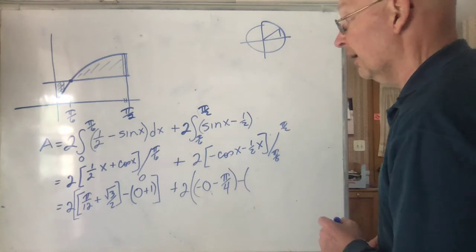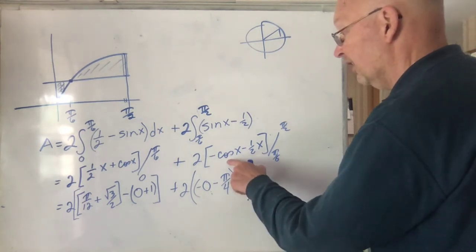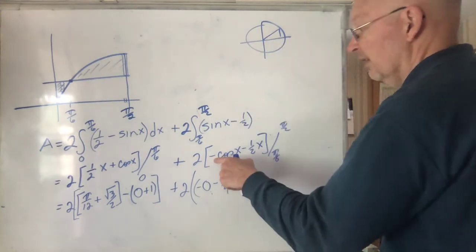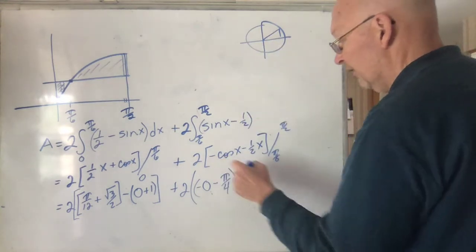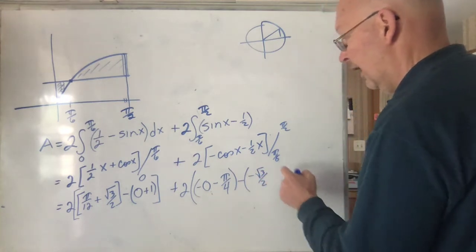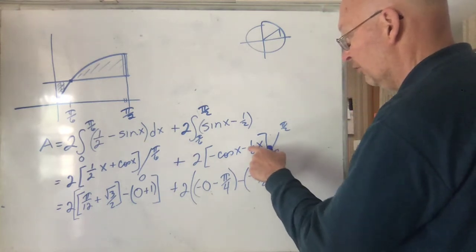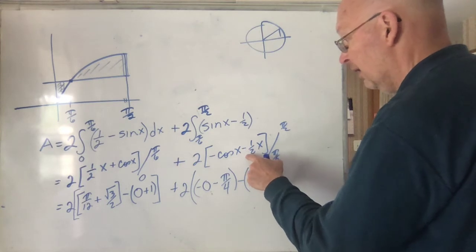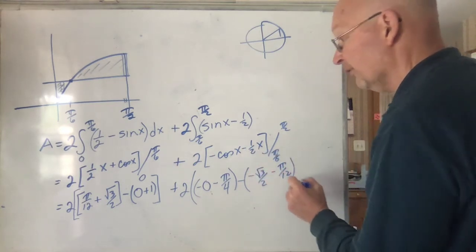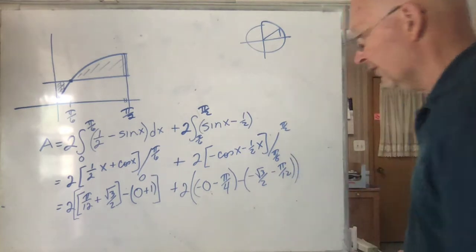The cosine of pi over 6 is square root of 3 over 2, times negative, is going to be negative square root of 3 over 2. And then this is going to be negative pi over 12. You see, the hardest part here is just keeping track of all of your negatives and such.